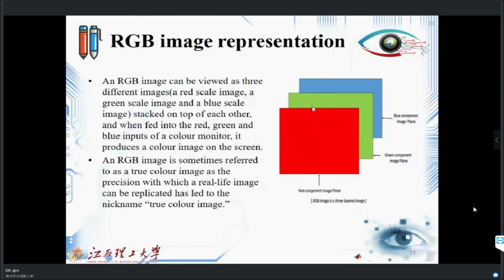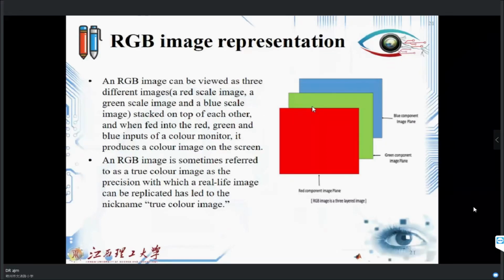But if we want to summarize RGB, we can say that an RGB image can be viewed as three different sheets or images, a red scale image, a green scale, and a blue one, which stack on top of each other. When fed into the red, green, and blue inputs of the color monitor, they produce a color image on the screen.